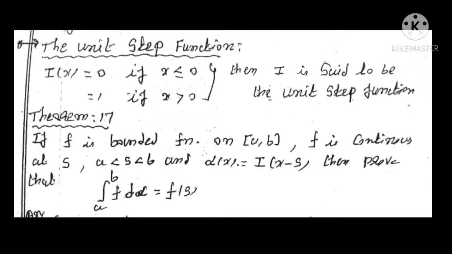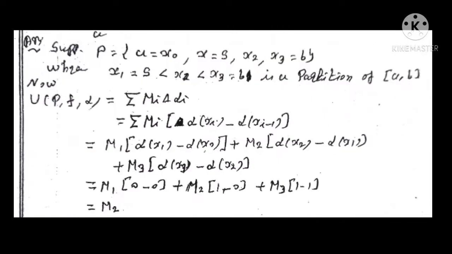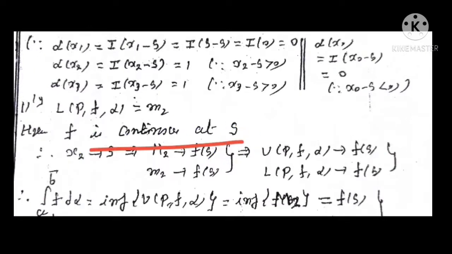Therefore, x2 tends to s implies M2 tends to f of s and m2 tends to f of s, implies upper sum of f with respect to P and alpha on closed interval [a, b] tends to f of s and lower sum of f with respect to P and alpha on closed interval [a, b] also tends to f of s.